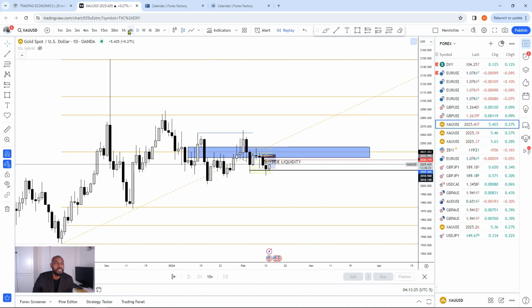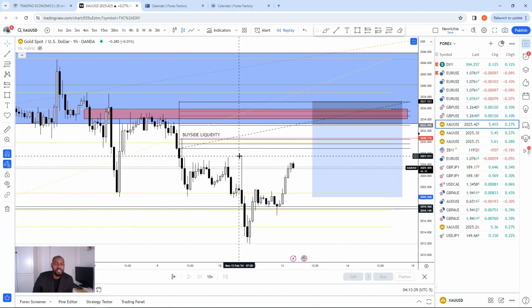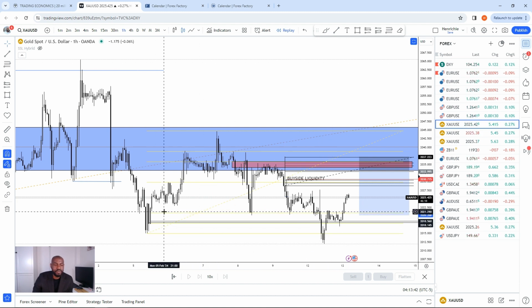We're going to look at what gold is doing so far. And so far today, as you can see for gold, after we came into this position yesterday, we had that miss out on that trade yesterday, and then price dropped, took this low, ran liquidity from this previous low.